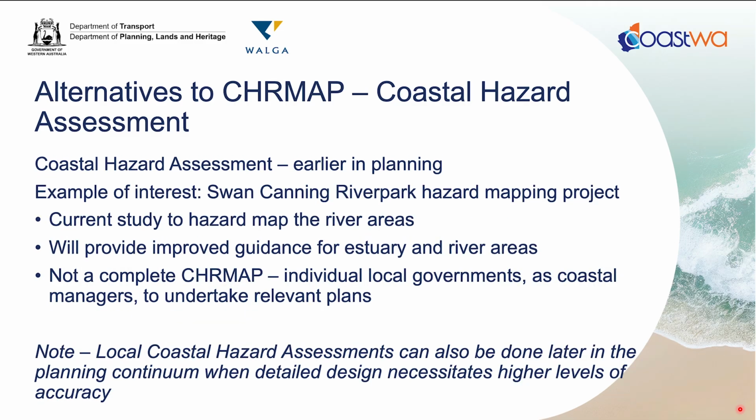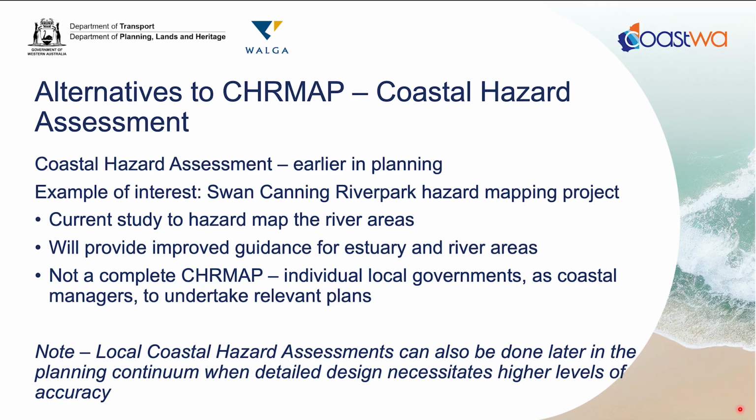Another example of interest is the Swan Canning River Park hazard mapping project, which is currently underway. That study will hazard map the river areas and provide improved guidance for estuary and river areas for the local governments along the edge of that strip. And it's not a complete CHRMAP. So individual local governments will still need to, as coastal managers, undertake relevant planning.